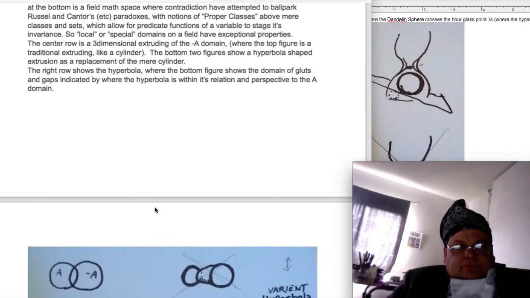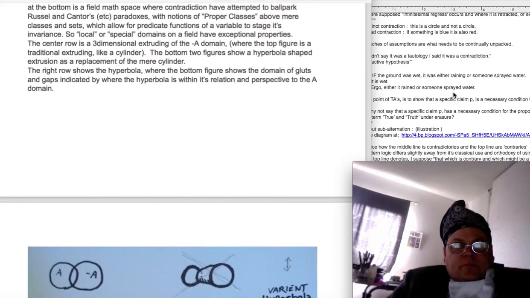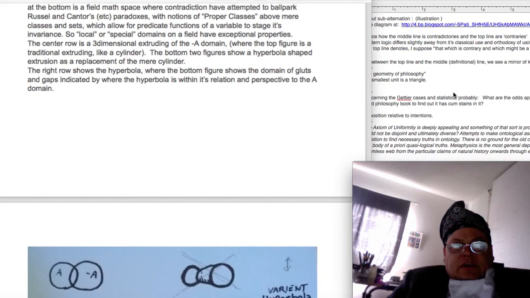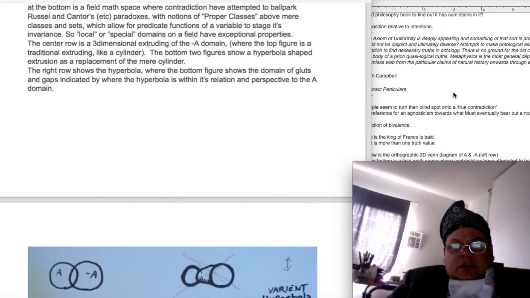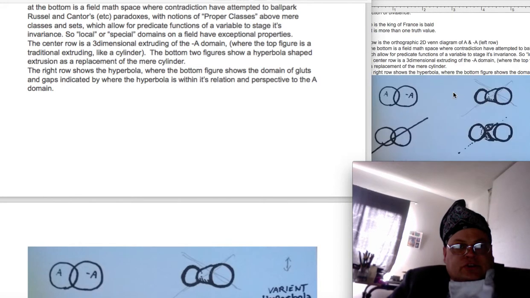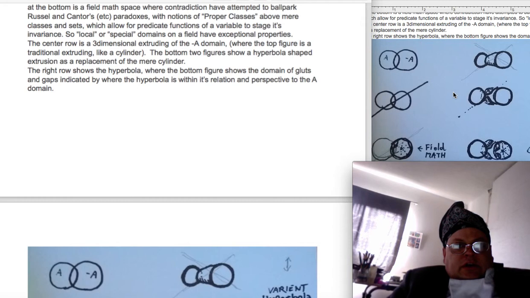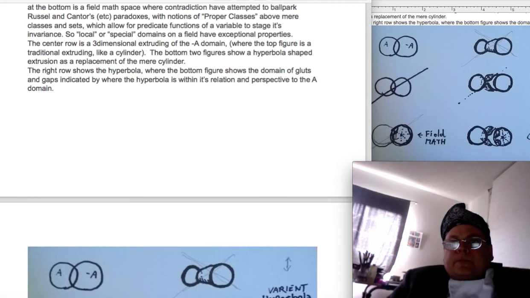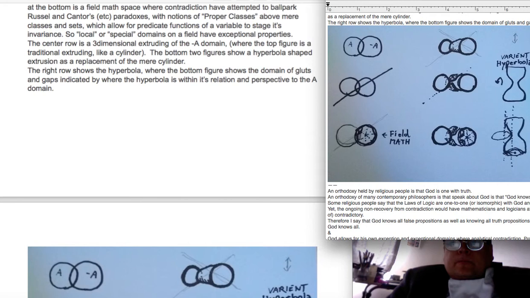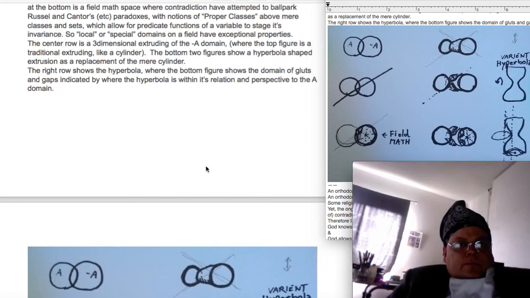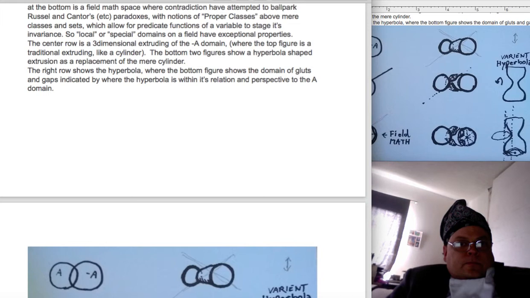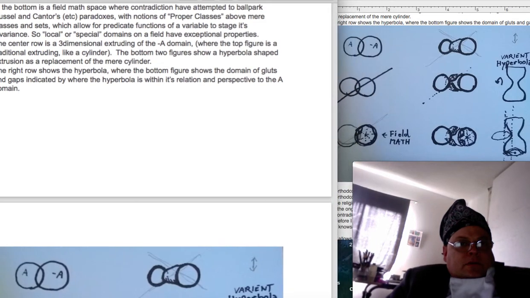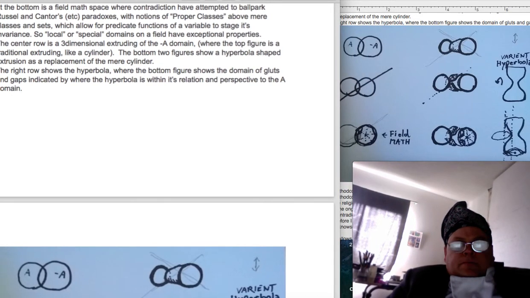The center now is three-dimensional, extruding of the not A domain, where the top figure is a traditional extruding like a cylinder.